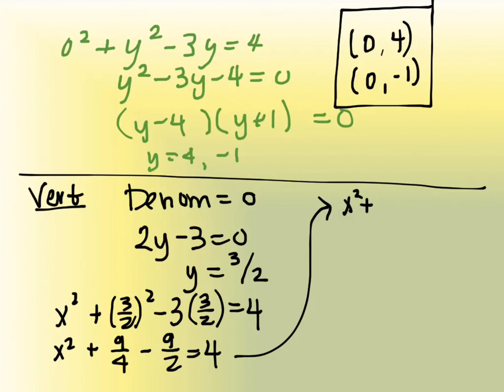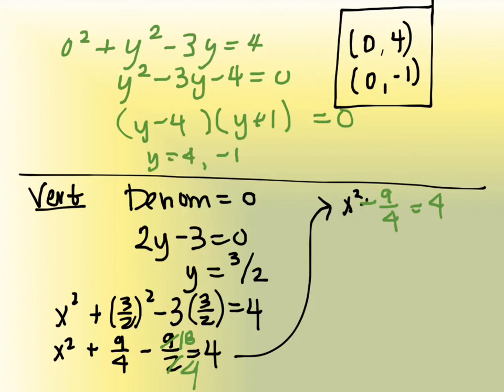We have 9 fourths minus 9 halves, so this 9 halves would be 18 over 4. So that would be negative 9 halves. Yes, I'll fix it. Thank you.